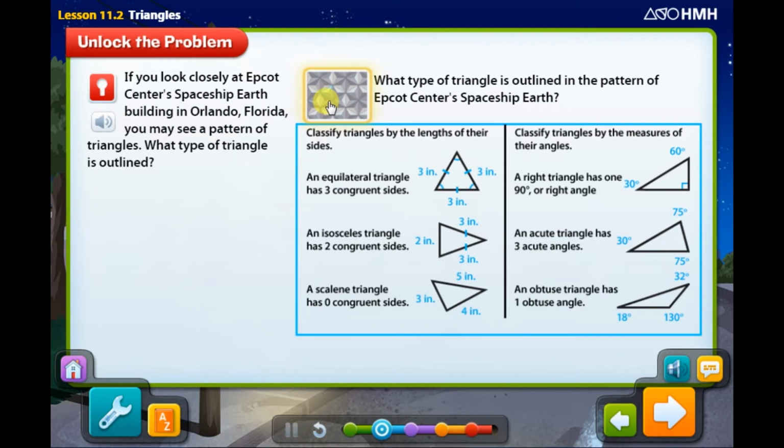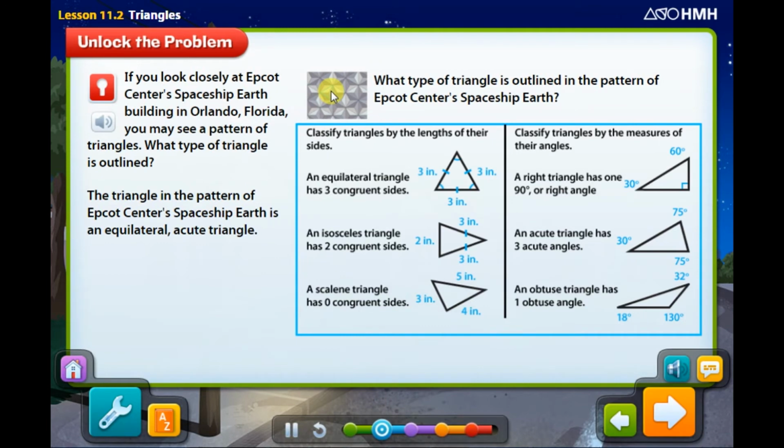It has three equal sides, so it is equilateral, and all its angles are acute, so it is an acute triangle. Now let's say it together: it's an equilateral acute triangle. The triangle in the pattern of Epcot Center's Spaceship Earth is an equilateral acute triangle.